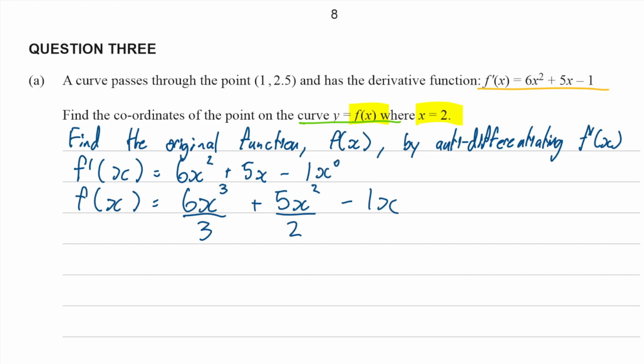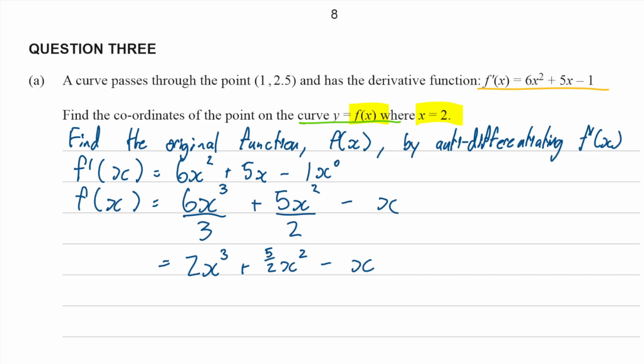Well, we can think of it as initially minus 1x to the power of 0, because that's just equal to 1. We add 1 to the power, and we divide by that new power. Right, and so we're left with minus x. Just simplifying the first term, 6 divided by 3 gives 2. And 5 over 2 stays as is, and so does minus x.